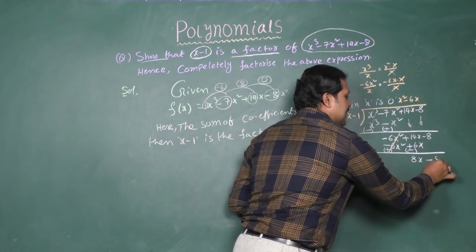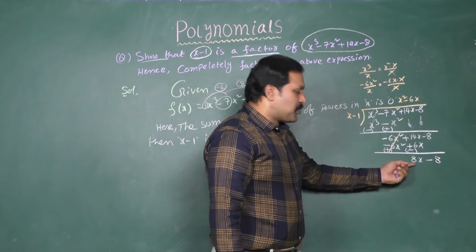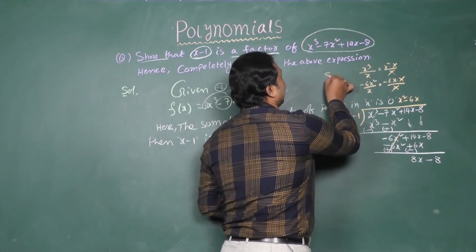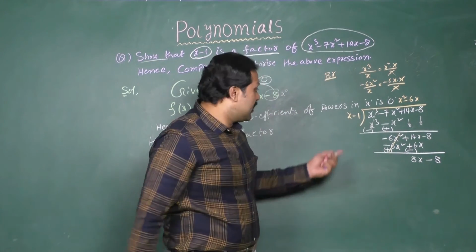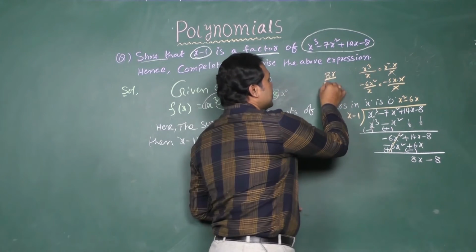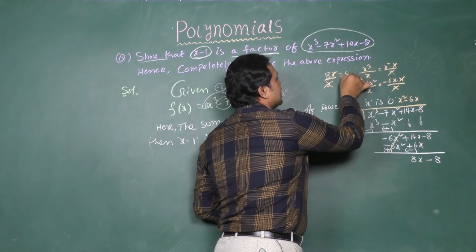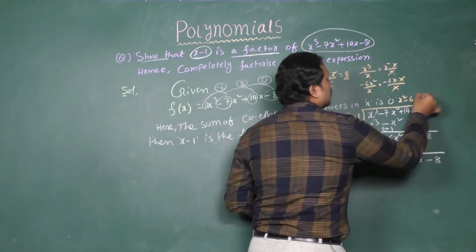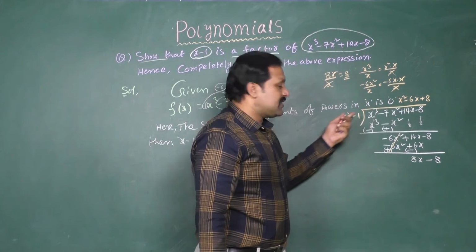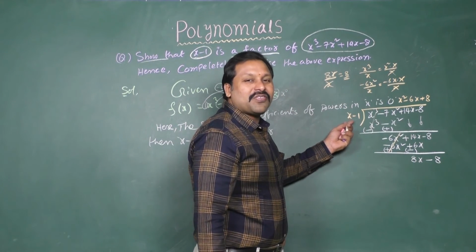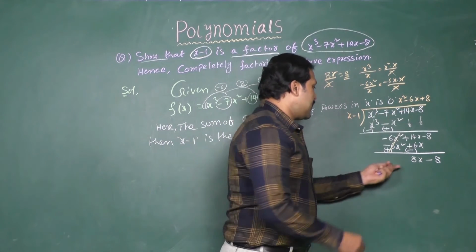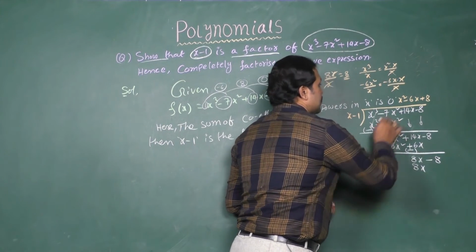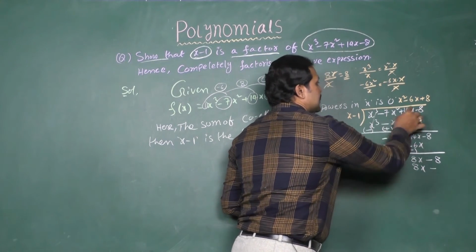8x minus 8. Again the same process. The first term is 8x. 8x divided by the first term of the divisor x. X gets cancelled. The result is plus 8 times. Now multiply plus 8 by the divisor x minus 1. Plus 8 into x is 8x, and plus 8 into minus 1 is minus 8.